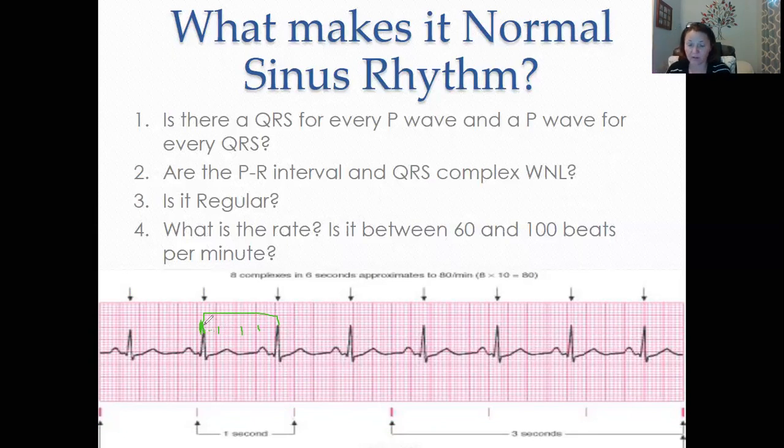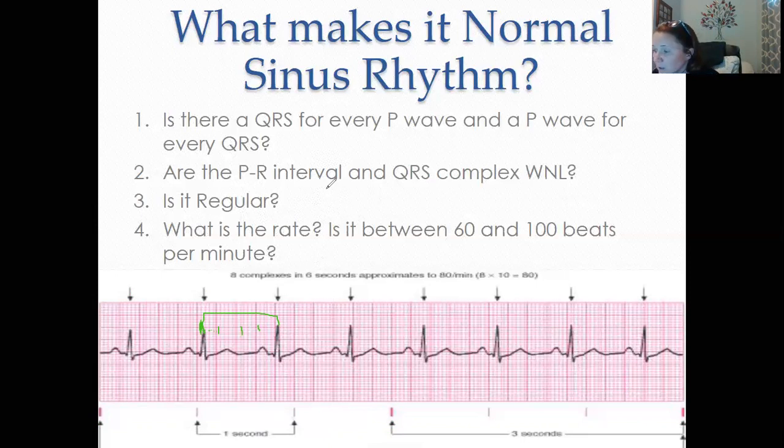Then you can divide that into 1,500. So 1,500 divided by 19 equals 78, well, rounds up to 79. So even more accurate. You can do that as well, if you have a regular rate.